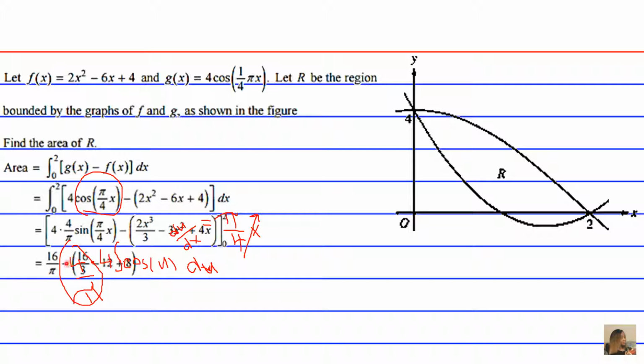So you plug in 2 wherever you see an x and evaluate that expression, and then you subtract what you get when you put 0 in wherever you see an x, which is all zeros, so it cancels out. Essentially we're just evaluating at 2.